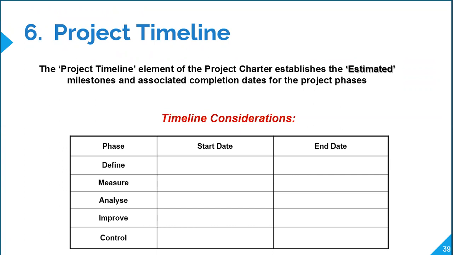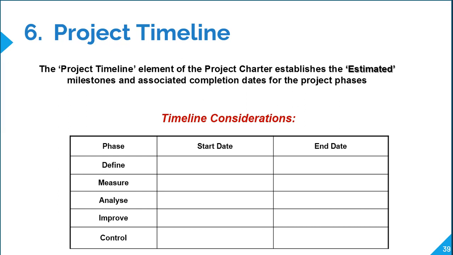One of the very important aspects which senior management will look into for a given project is the timeline of the project. By when are we going to start this project, and by when are we going to finish this project? That is a very important aspect, and that's why the project timeline is important. As we know, we have 5 different phases: define, measure, analyze, improve, and control.